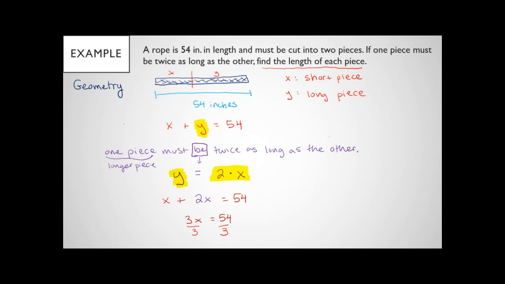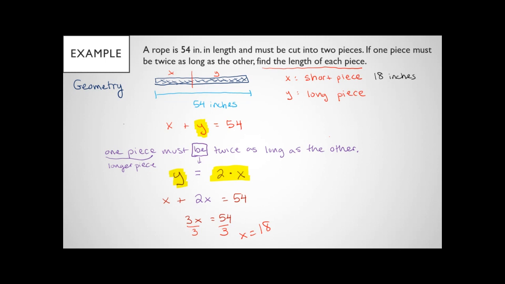And I'm sort of running out of room here. So 54 divided by 3 is 18. So this gives me 18. So I know since x is 18, x is the shorter piece, that is 18 inches because we have our units.